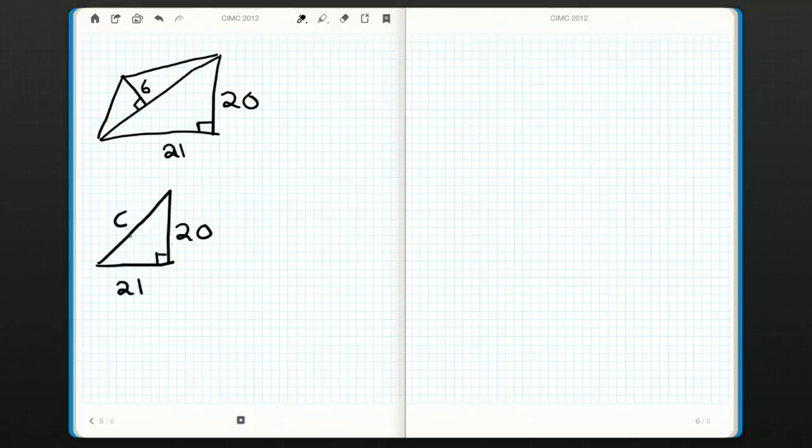So if we add C over here, we know that Pythagoras' theorem is a squared plus b squared equals c squared. Right, the legs of the right angle triangle, 20 and 21, if you square them and add them to each other, you get the square of the hypotenuse right here. So 20 squared plus 21 squared equals c squared.